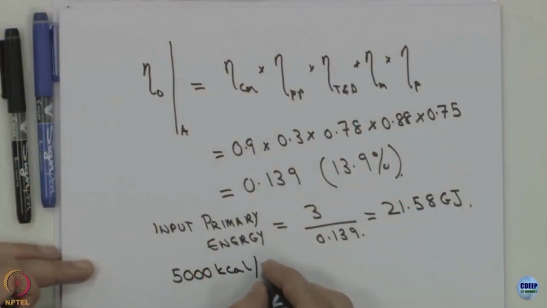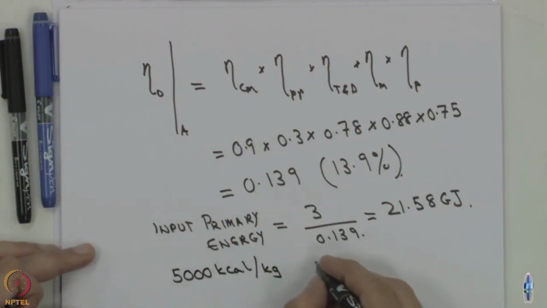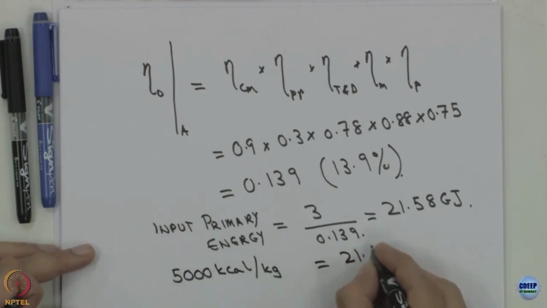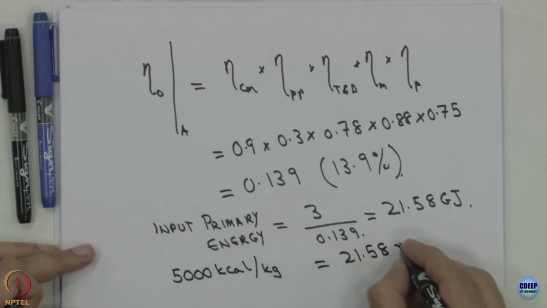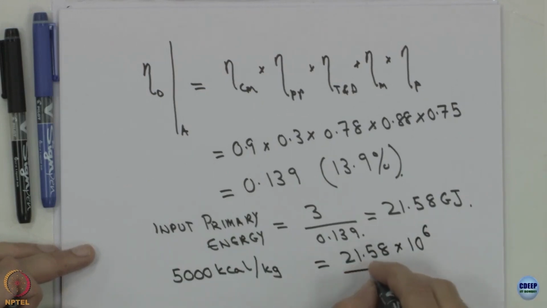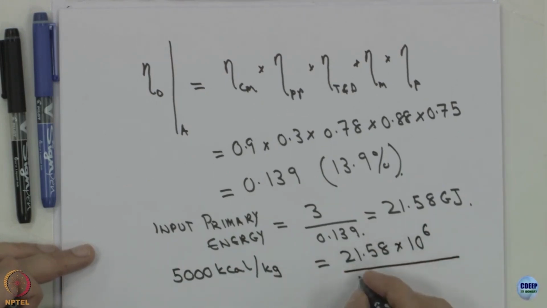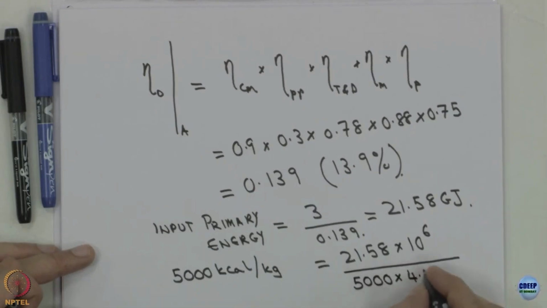So suppose coal has a calorific value of 5000 kilocalories per kg, then this will be 21.58 into 10 raised to 6 kilojoules by 5000 into 4.18, right?